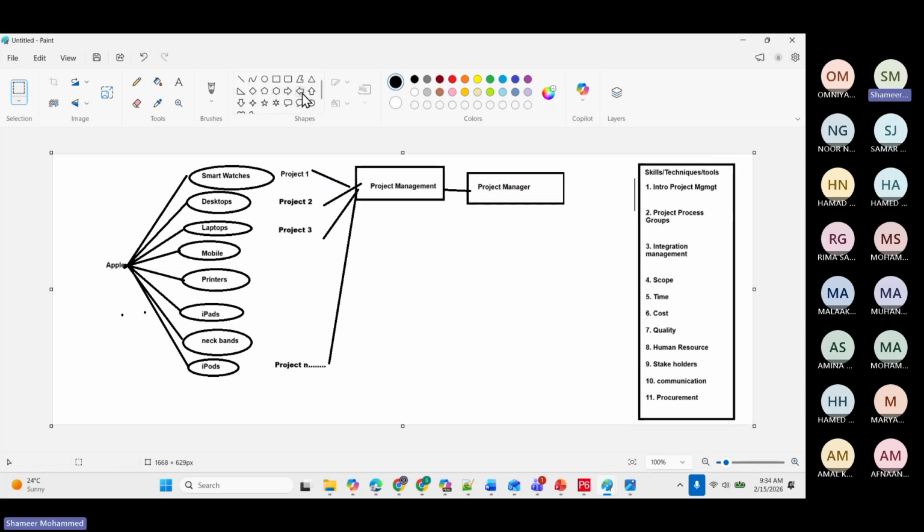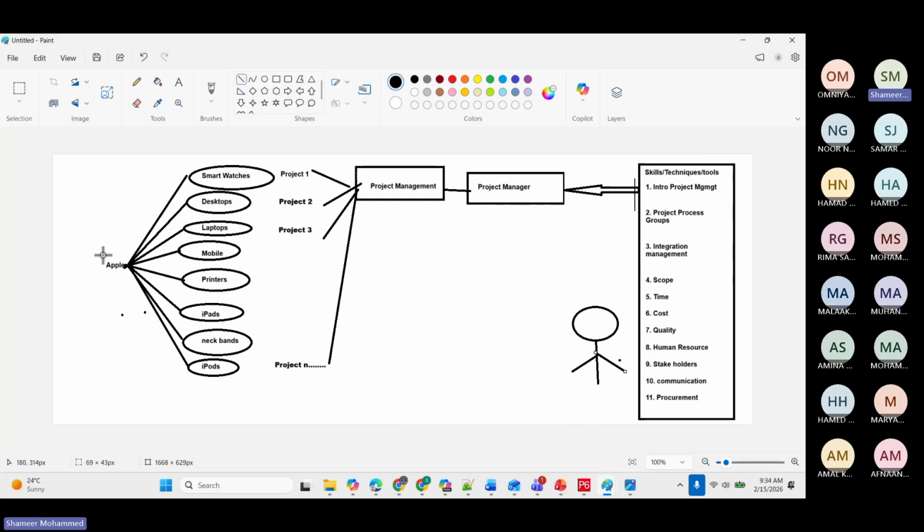So you are applying what? These skills. Who are you? You are a project manager. So from me, you are learning all these things and you are applying those things to these projects. So you are working tomorrow in the Apple company. So if you are a project manager, you have to manage these things.